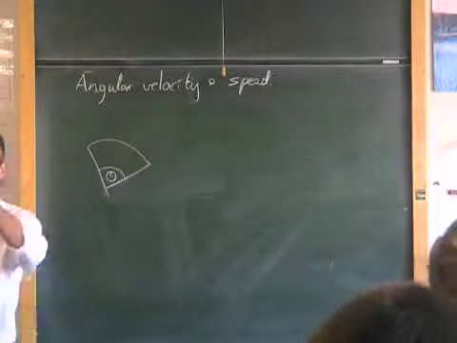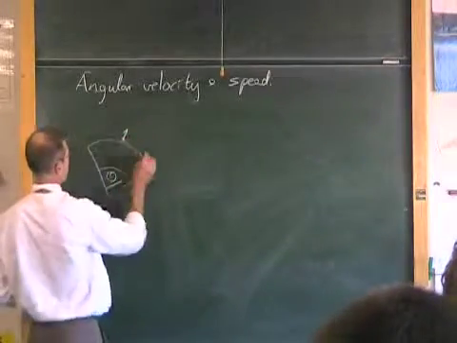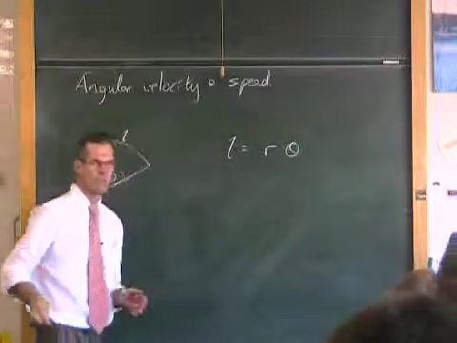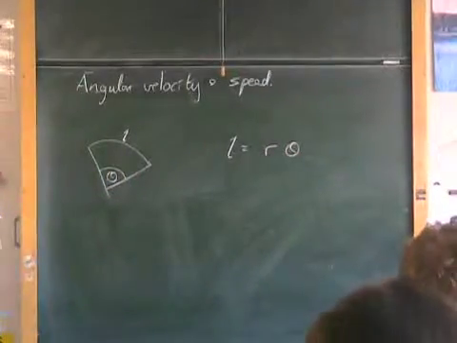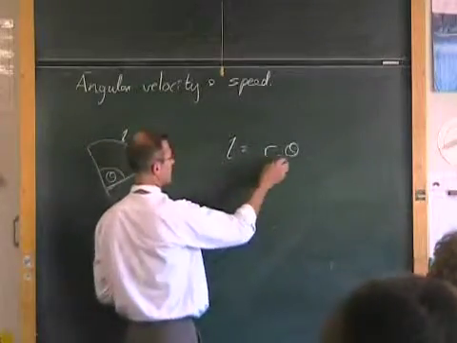So if something describes an angular displacement theta and travels a length L, L is equal to r theta, and that's purely by the definition of 1 radian.